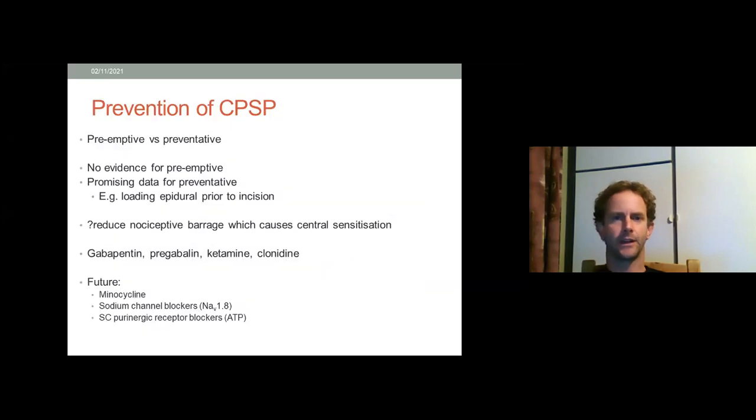So over the years, there've been multiple attempts to reduce chronic surgical pain. They've tried preemptive versus preventative analgesia. So preemptive is where you start the analgesia long in advance of the operation to try and settle things down.